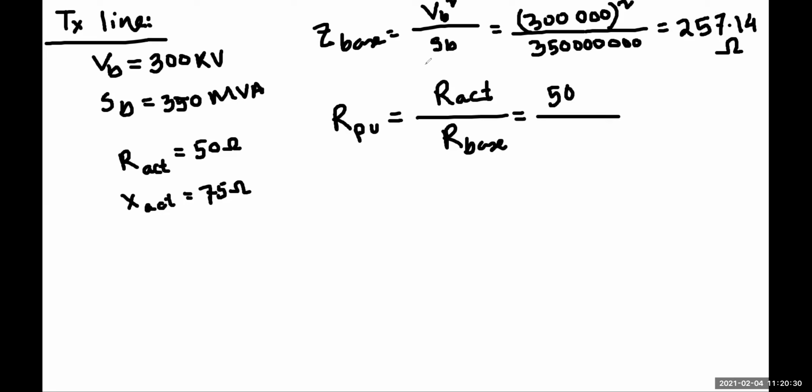See, Z base is equal to R base is equal to X base, right? Both of them are the same. All of them are in ohms. So they become 50 divided by 257.14. So your value is 0.1944 PU.